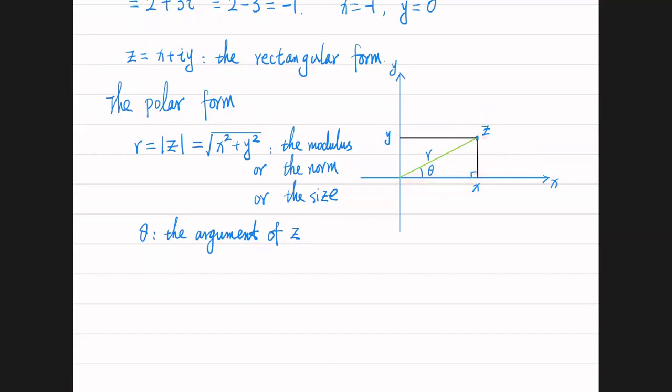Kira? Sine theta? Okay, so this one will be r sine theta. So this is y. The same way you can see x.